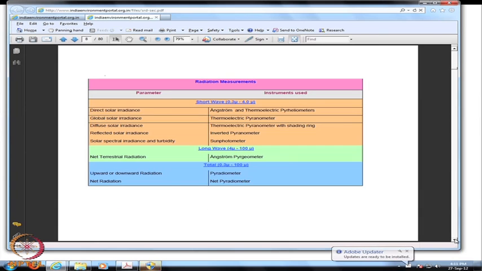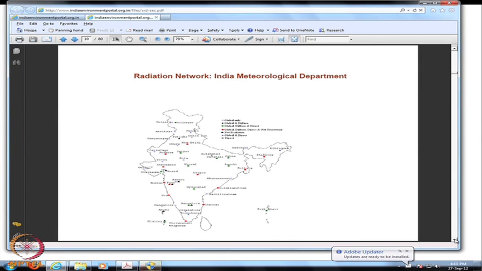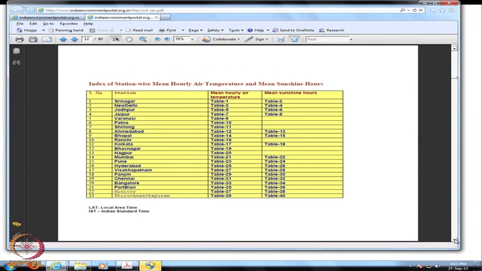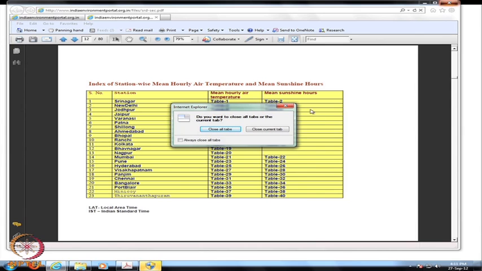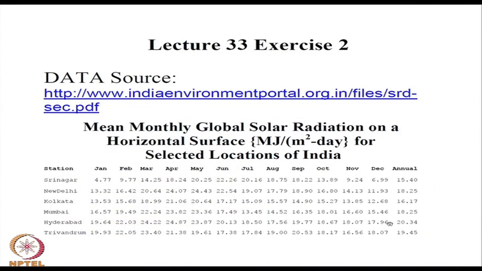So, this has got lots of contents: the sun, the solar radiation spectrum, the various measuring instruments and the locations where the measurements have been made, and the terminology. This is about 23 locations, which has mean hourly ambient temperature for each month, then the monthly global solar radiation and the monthly diffuse radiation.